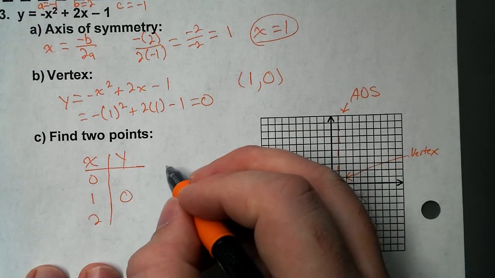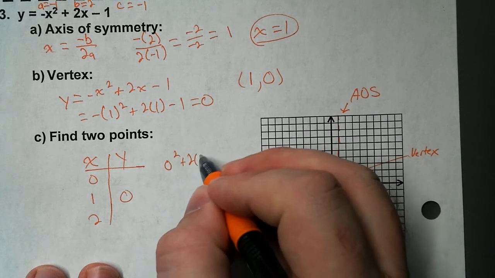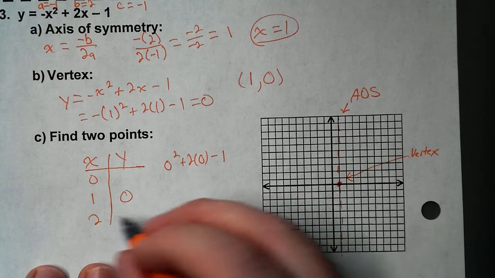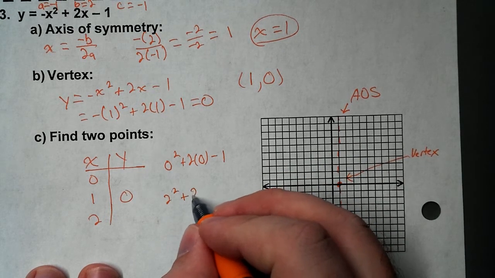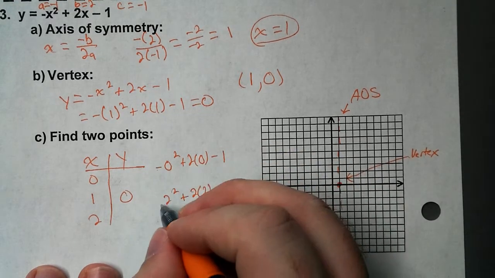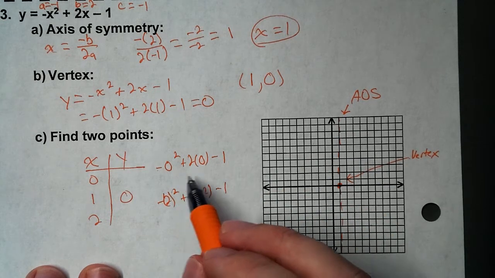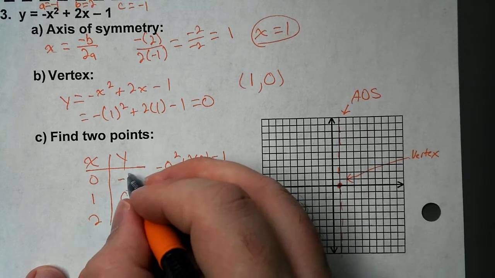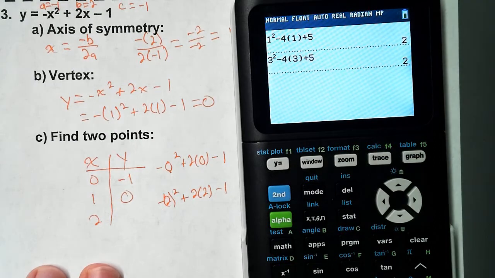So it's going to be negative 0 squared plus 2 times 0 minus 1. And for the 2, it'll be negative 2 squared plus 2 times 2 minus 1. Sorry, that's a negative of that. So that's 0 plus 0 minus 1, which will give me a negative 1. And then for the bottom one, I'm just going to plug it in the calculator.